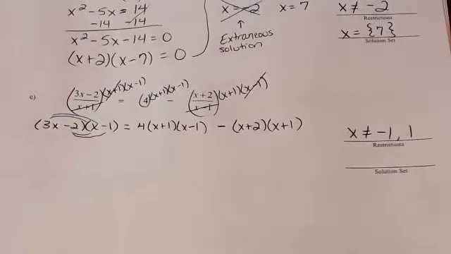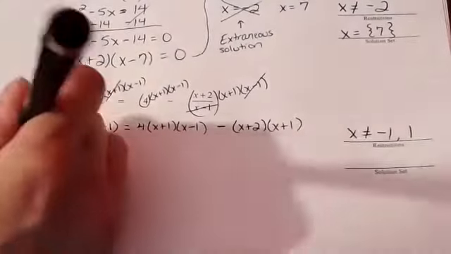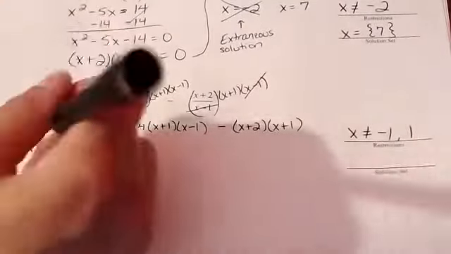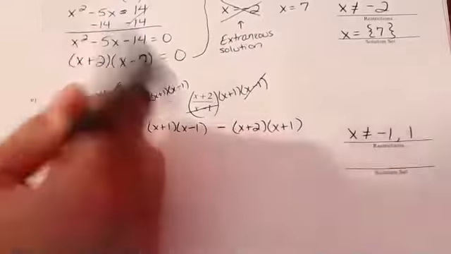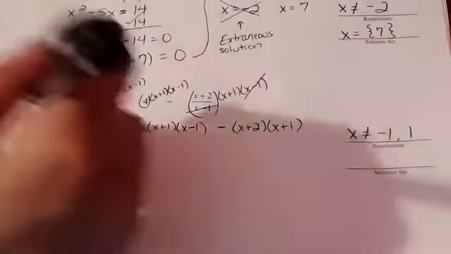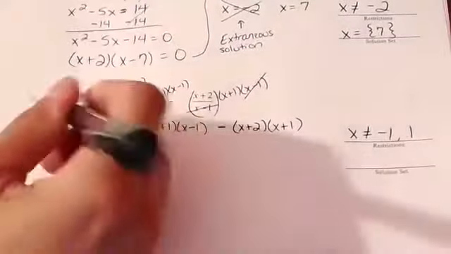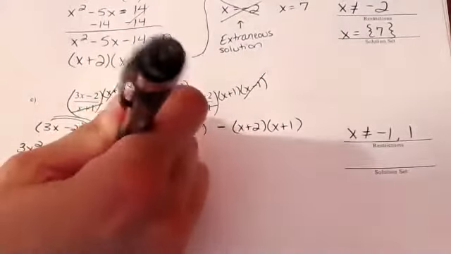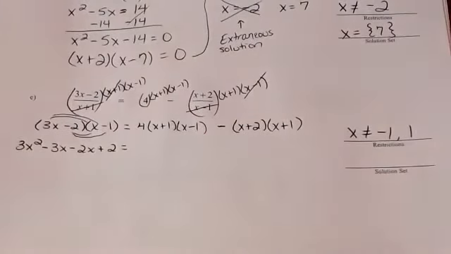I feel like it helps. 3x times x is 3x squared. 3x times -1 is -3x. -2 times x is -2x. -2 times -1 is +2. Very nice. What do I distribute next?